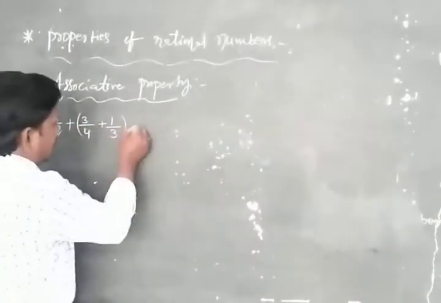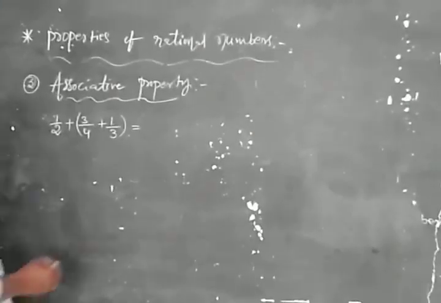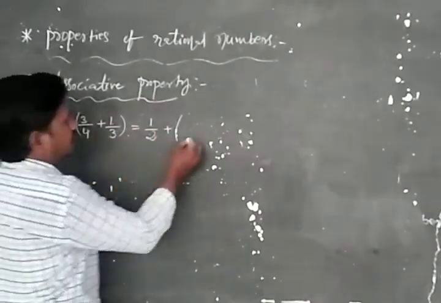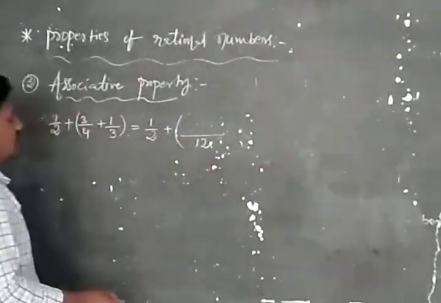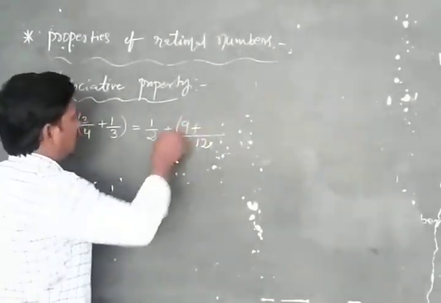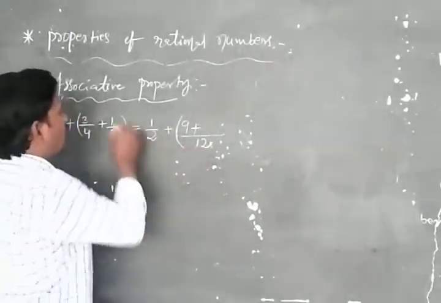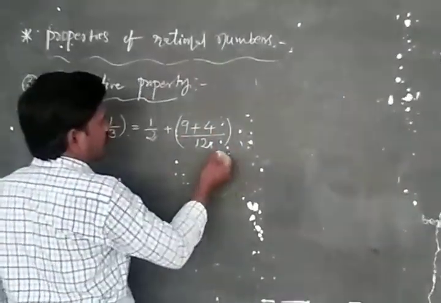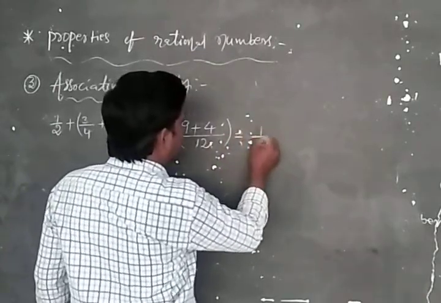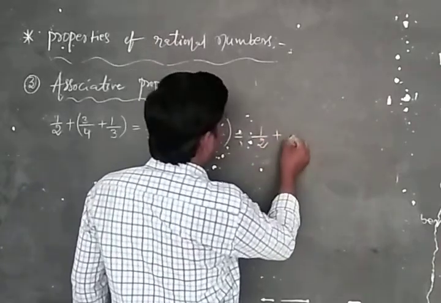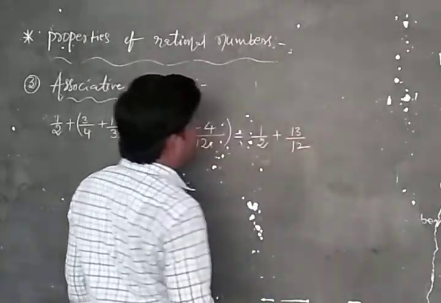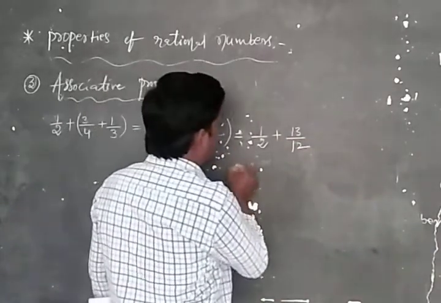Okay, so what is the answer? 1/2 plus, LCM 12. If 4 becomes 12, we have to multiply by 3. 3 3s are 9. If 3 becomes 12, we have to multiply by 4. 1 4s are 4. So 1/2 plus 13/12. So that is the answer.